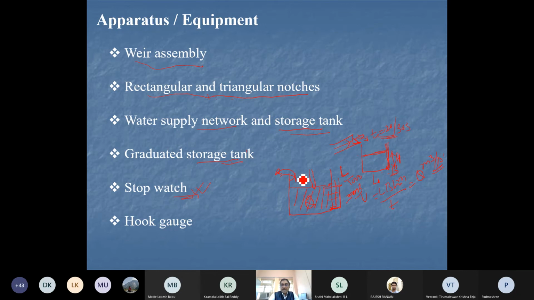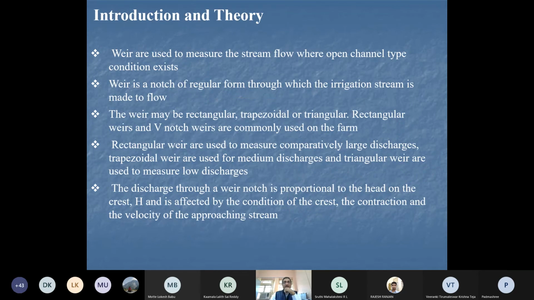But here, to measure the level of water, there is a hook kind of gauge, whose tip comes exactly at the level of water from down inside the water itself. So there is a hook gauge to measure the level of water in the tank or in the stilling basin, using a vernier scale. It is a vernier scale mounted hook gauge measurement of water.